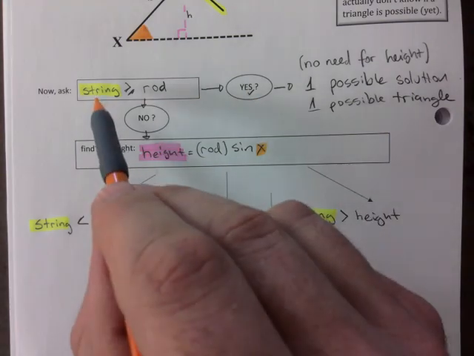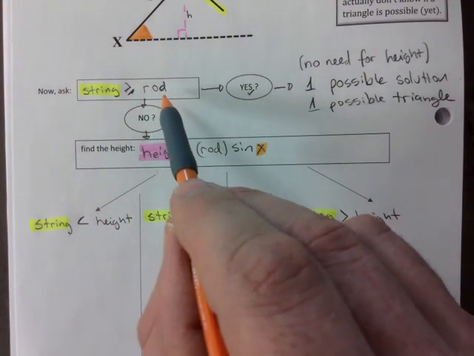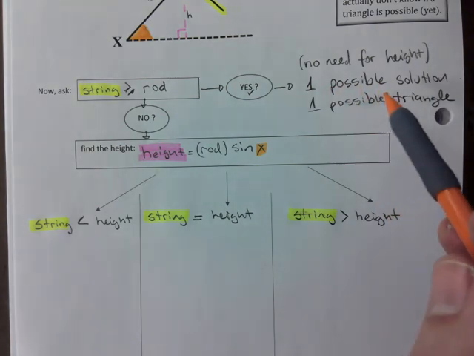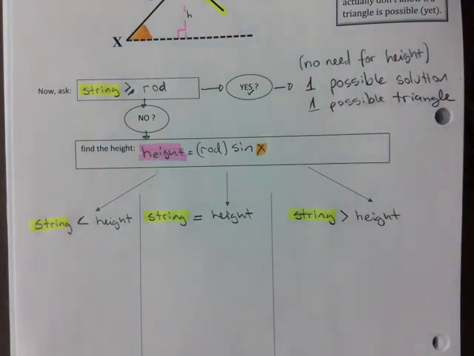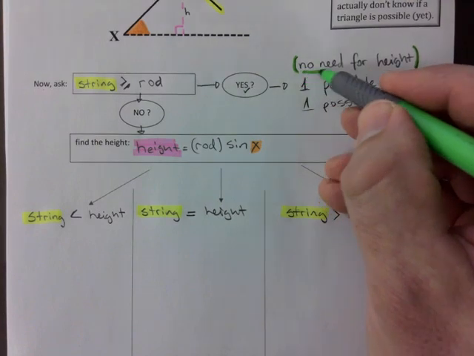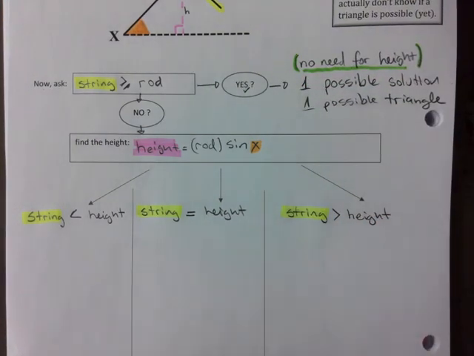Once you can say yes that the string is greater than or equal to the rod, remember, or equal to, then you're over here, you're done. No need to find the height. So write that down if you haven't done that. I'm going to use maybe just green brackets here and underline it, because my green kind of just makes it worse. It just crosses things out.